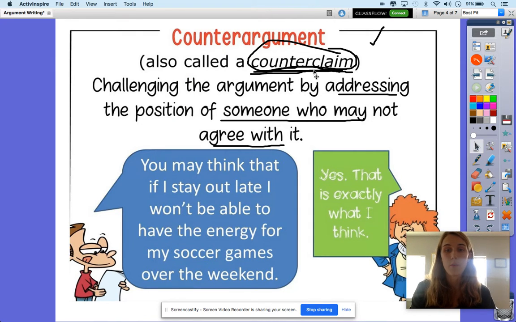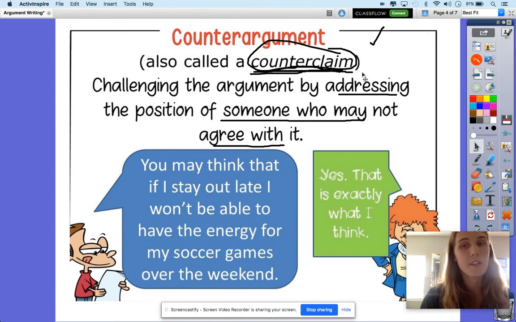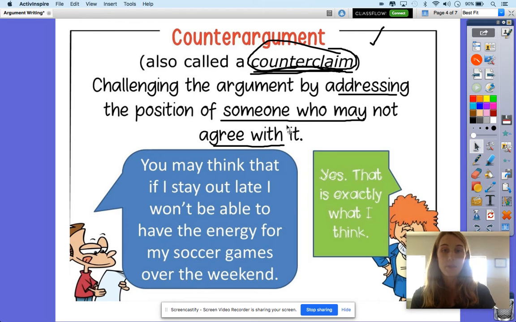So, counterclaim. One way he could start presenting a good argument is by bringing up the counterclaim. The counterclaim challenges the argument by addressing the position of someone whom you may not agree with. So in this case, he won't just say, Mom, I'm going to be so mad if I can't go. He's going to say, Mom, you may think that if I stay out late, I won't be able to have the energy for my soccer games over the weekend.